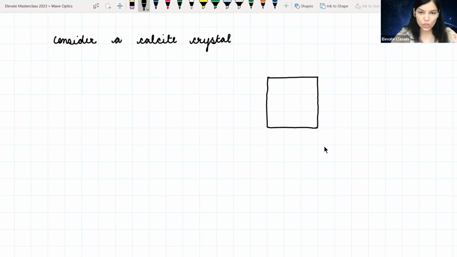Okay, so the crystal is in the plane of the paper and I'm looking at its face, the face of the crystal. So now what I do is I choose some axis because I want to make my life easier. So let us define some axis.